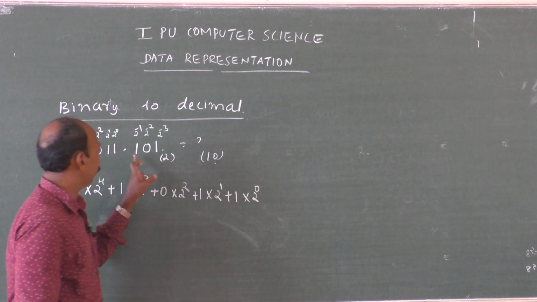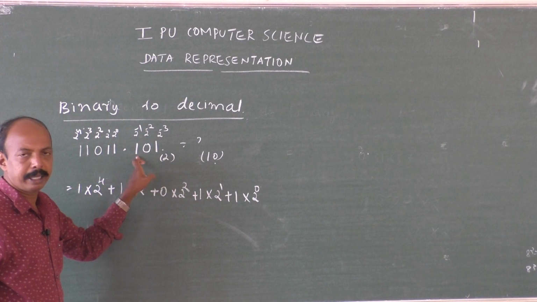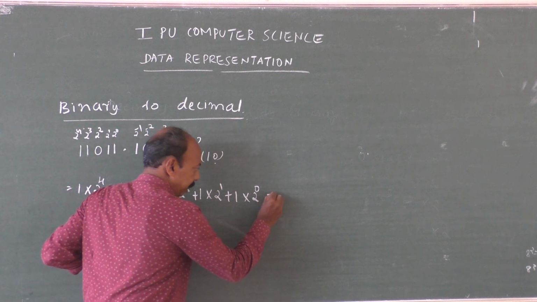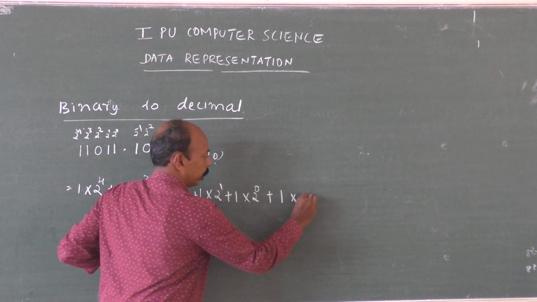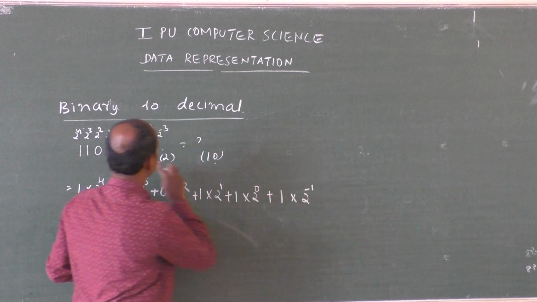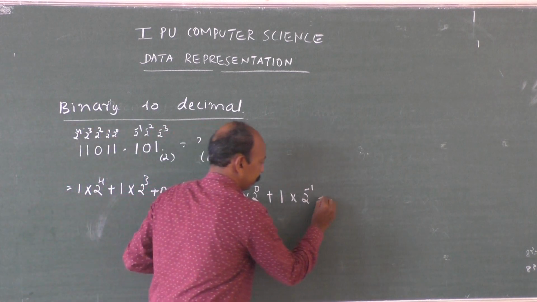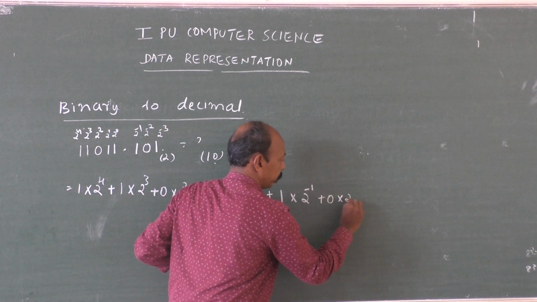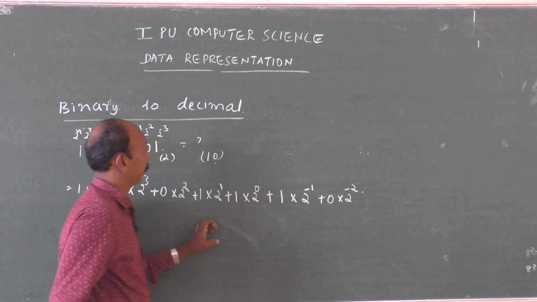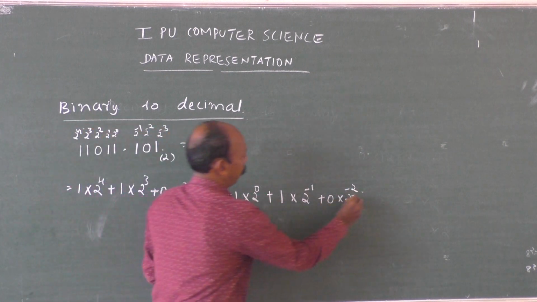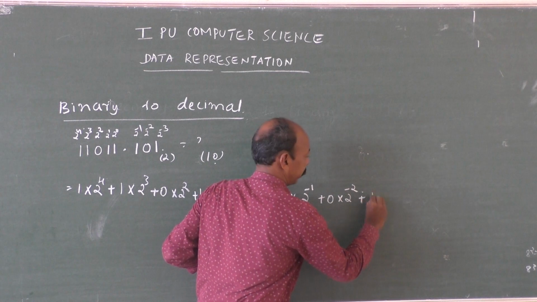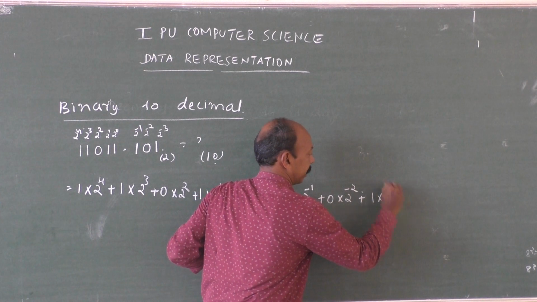But what about this value, 0.101, after the binary point? That's why plus 1 into 2 to the power minus 1, that is for this one, plus 0 into 2 to the power minus 2, plus 1 into 2 to the power minus 3.